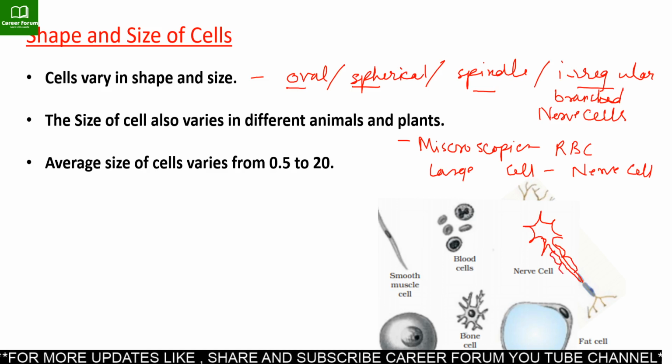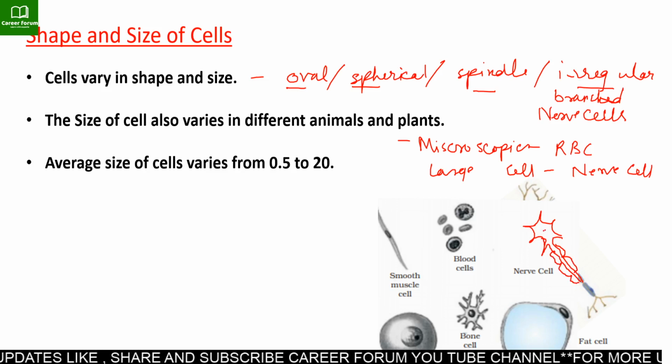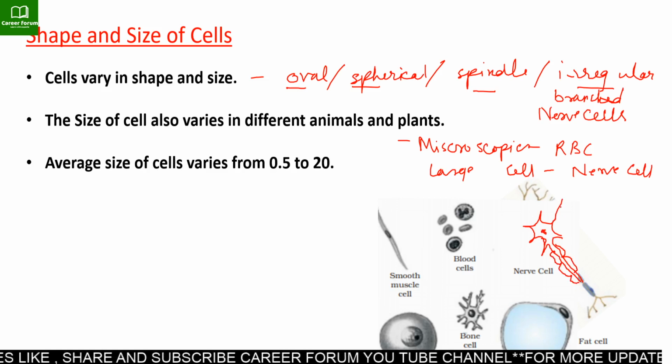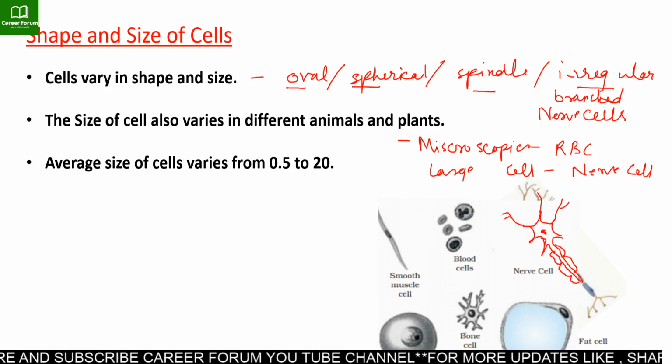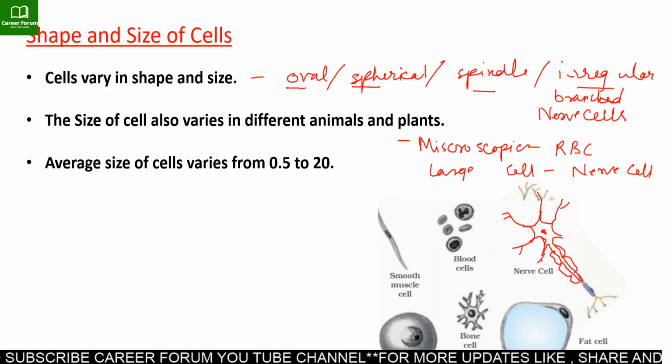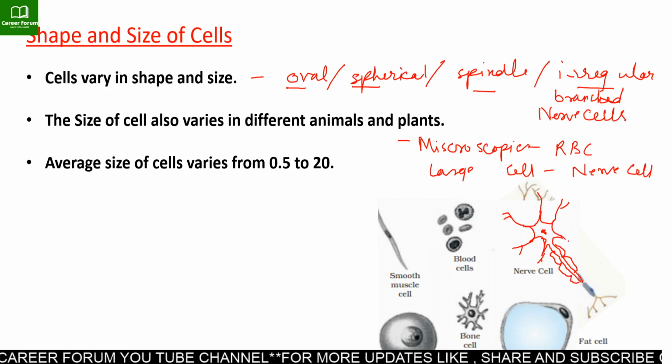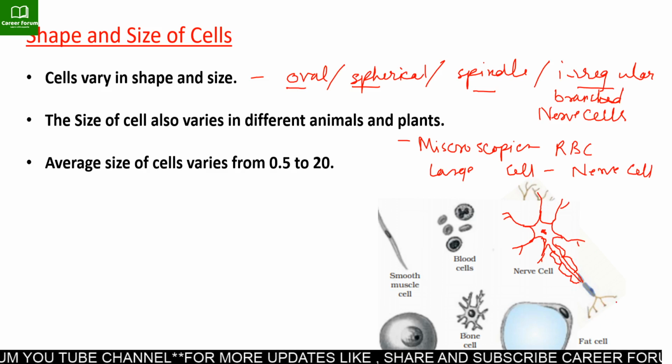This long branched structure is called axon. Nucleus, these are the branches which we call dendrites. The central elongated structure is called axon. These are the dendrites. These are the nerve terminals. We will discuss all these later in other sessions.